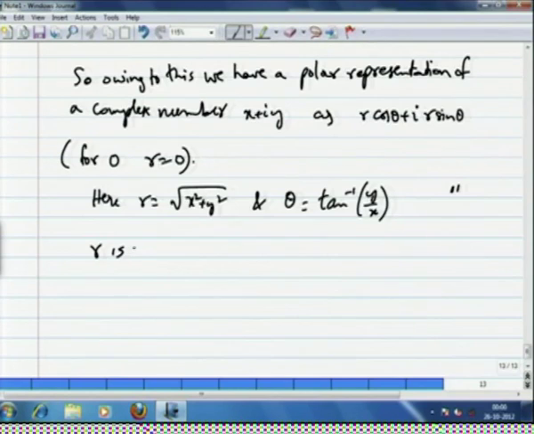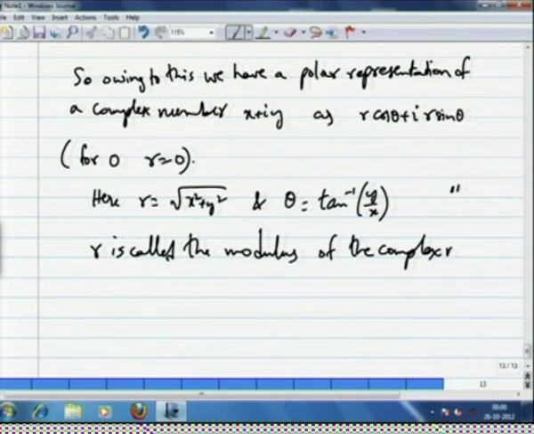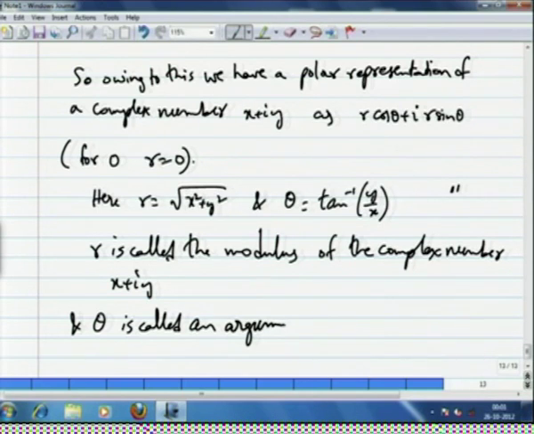This r is called the modulus of the complex number x plus i y, and theta is called an argument of the complex number x plus i y.